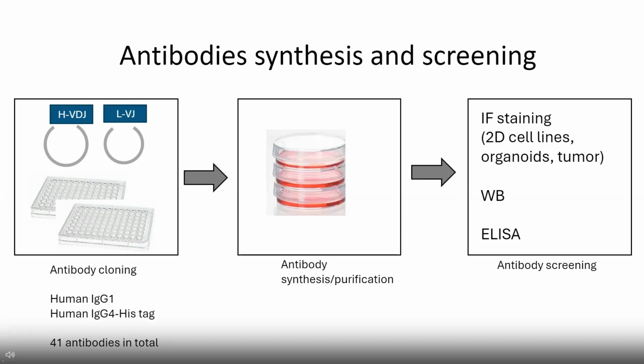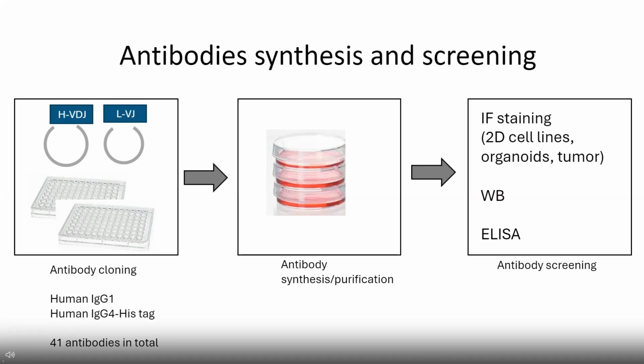Those antibodies were synthesized recombinantly, initially on a human IgG1 platform, but later we also switched to IgG4 with a His tag to potentially aid us in screening for binding to tumor tissues. Those recombinant antibodies were synthesized in 293 cells, and we further screen their binding to cancer cell lines and organoids by different methods, including immunofluorescence staining, Western blot, ELISA, and tumor cell ELISA.